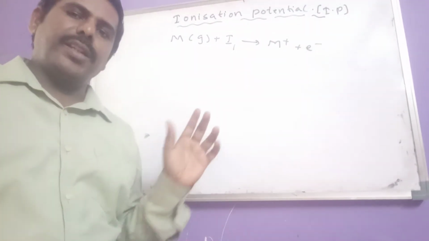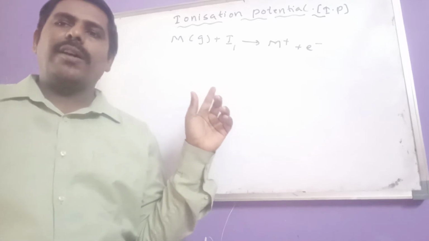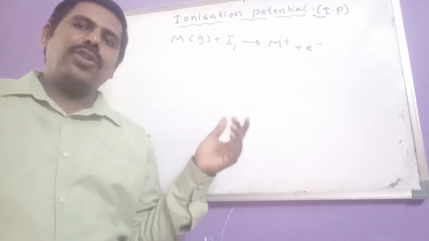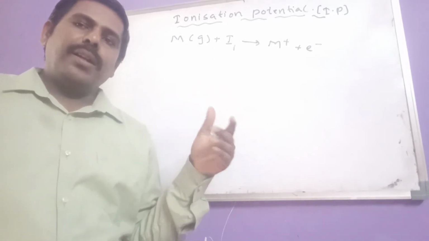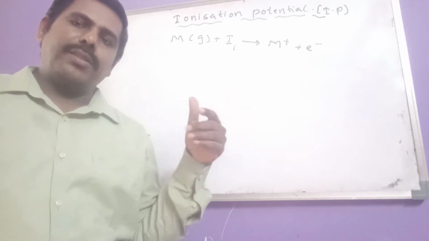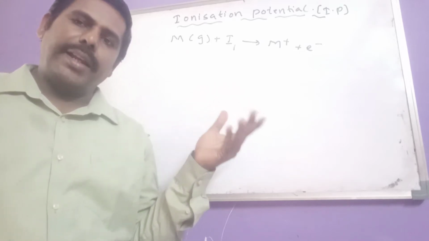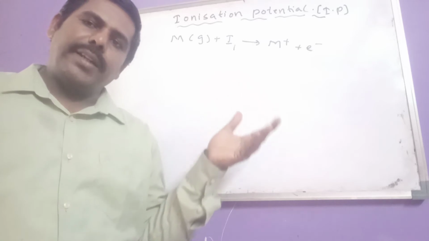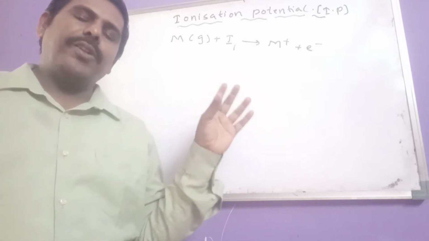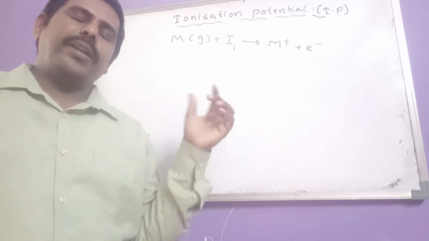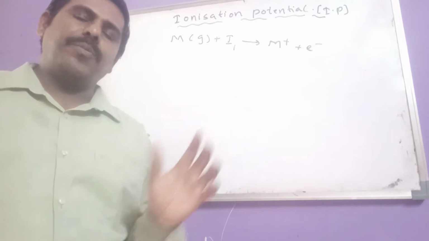So what is the definition? The minimum amount of energy required to remove the loosely bound electron, that is present in the outer orbit, from a neutral gaseous atom, is known as ionization potential.